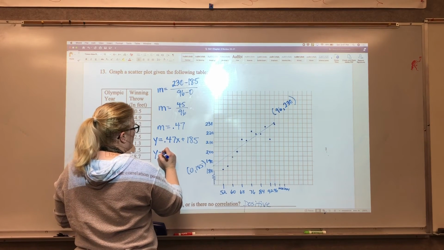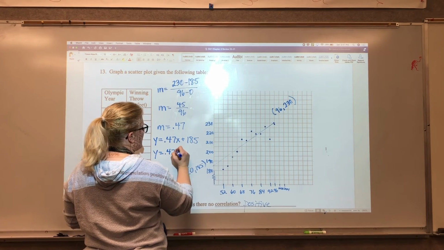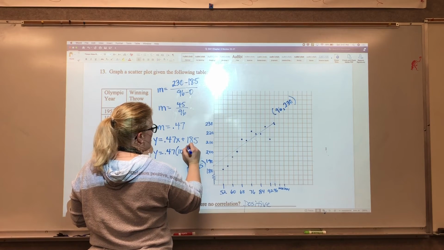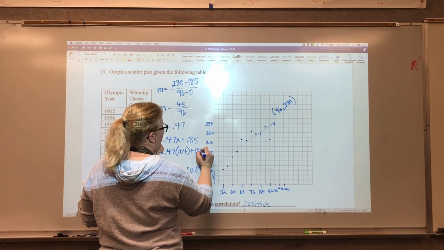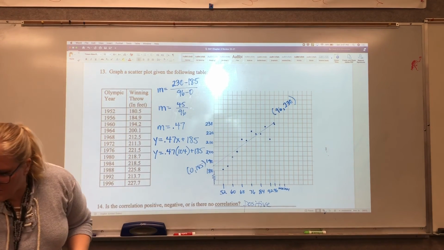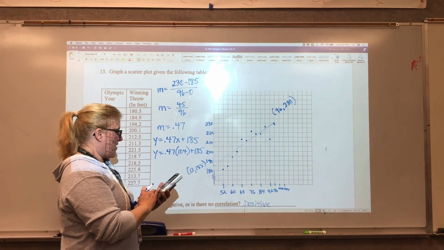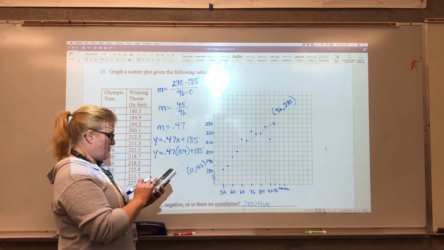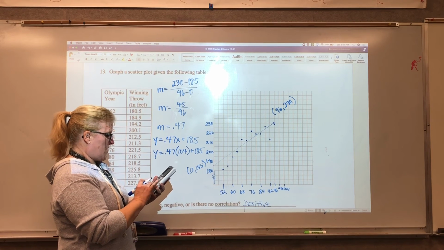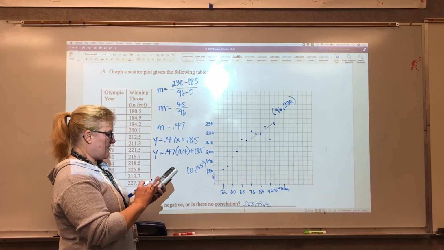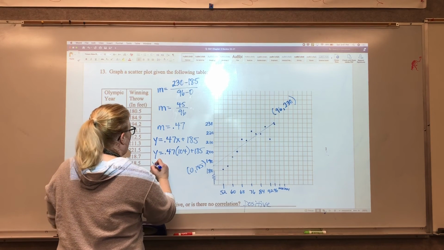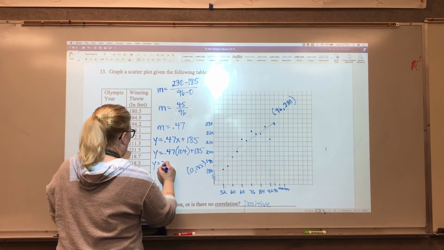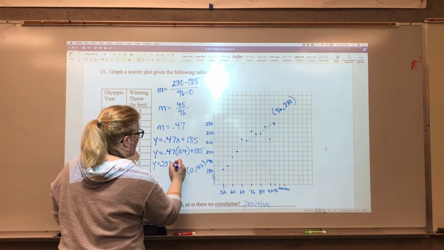So y equals 0.47 times 104 plus 185. And let's see what we get here. 0.47 times 104 plus 185 equals, so y is 233.88.